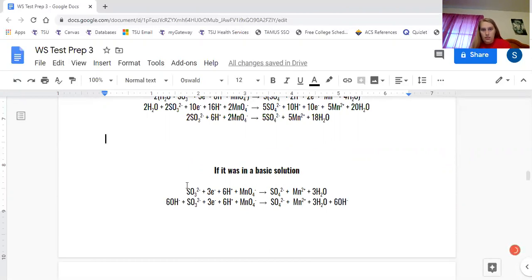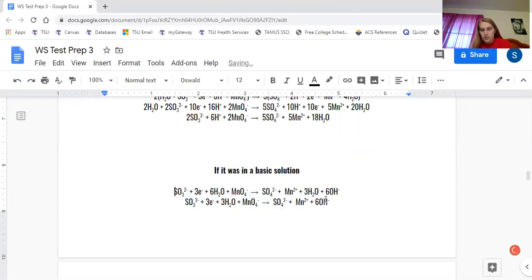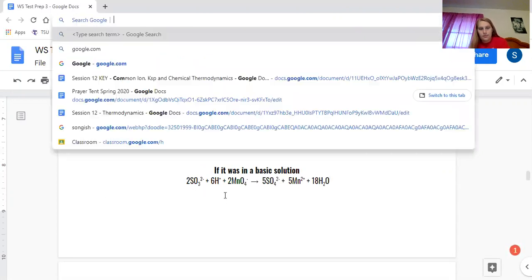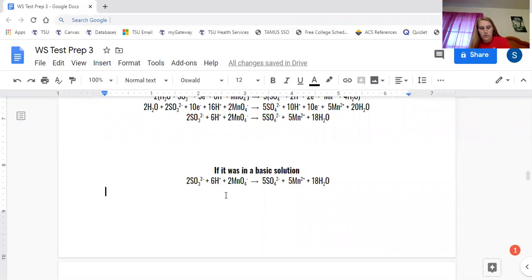And then we would take this here. So if it was basic, we have to put this. We have to get rid of the hydrogen once more.